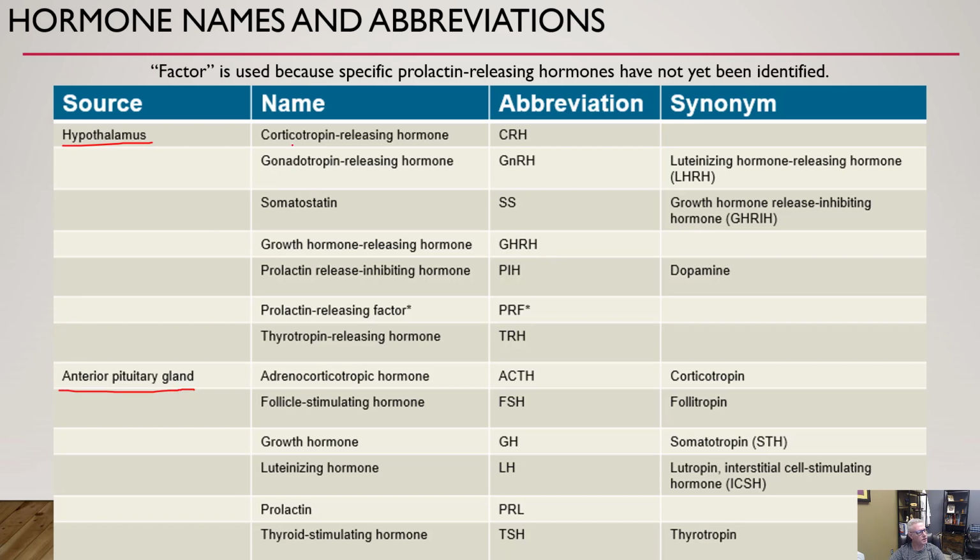So here we can see growth hormone releasing hormone. It will get released by the hypothalamus, come down to the anterior pituitary gland, and stimulate the release of growth hormone.